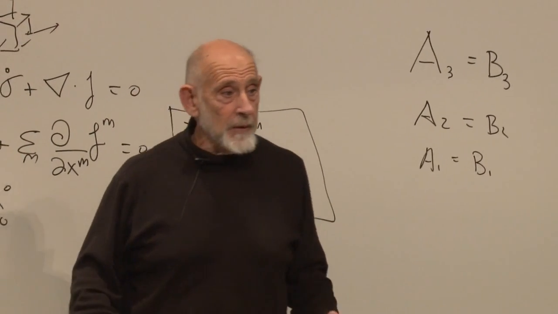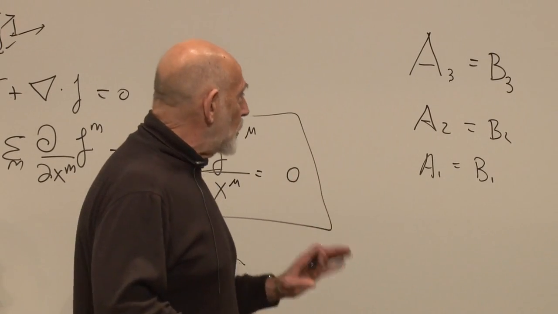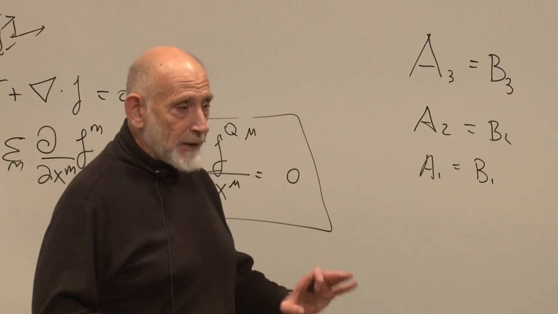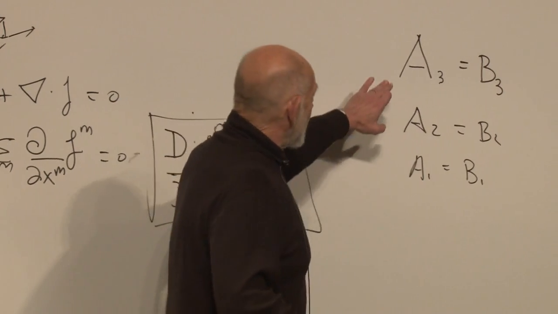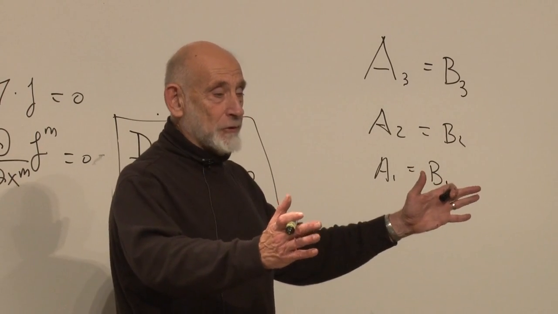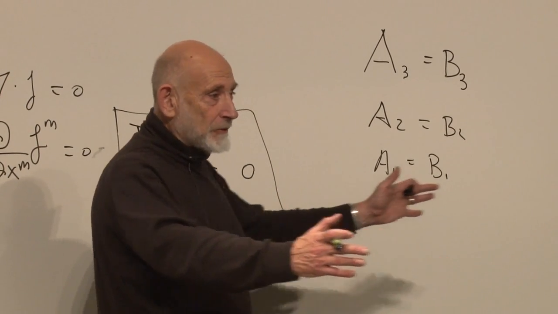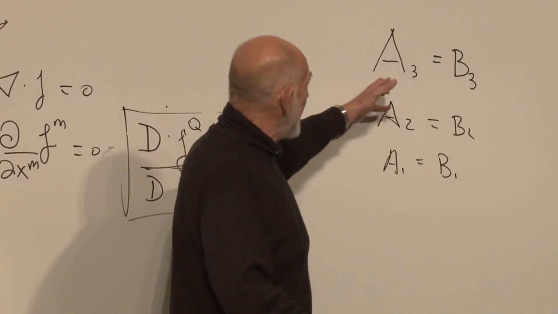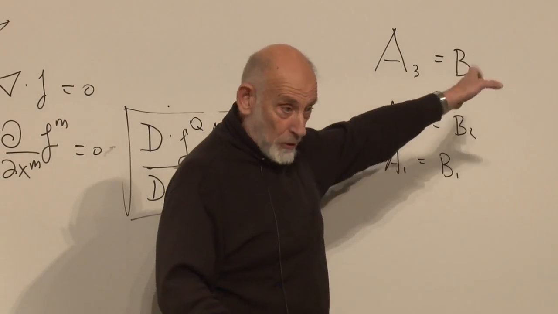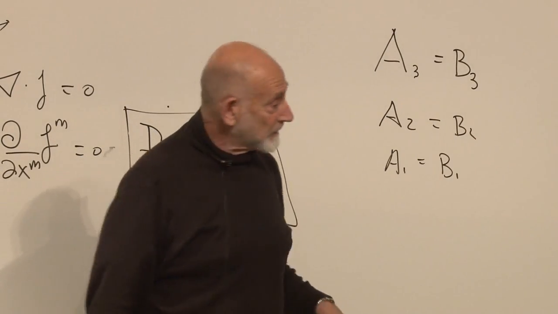And the answer is simple, that if it is always true in every frame of reference that the third component of A is equal to the third component of B, then by rotating the frame of reference, we can rotate the third axis until it becomes the second axis.